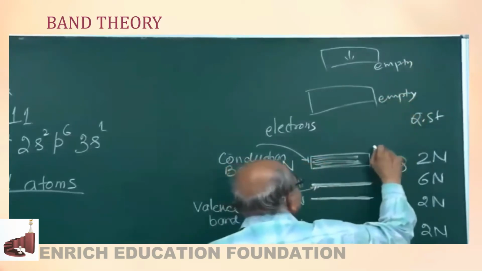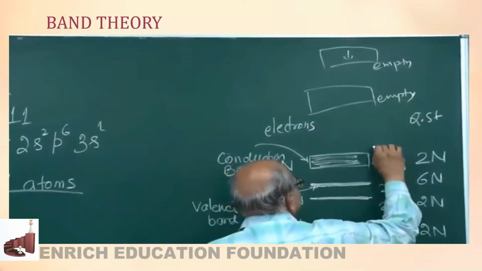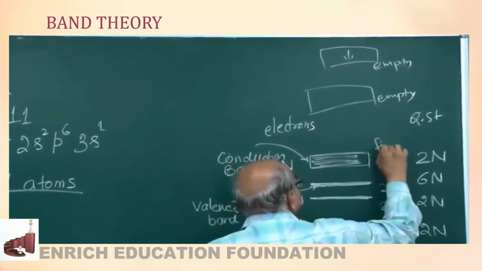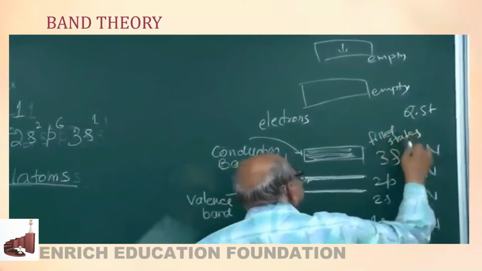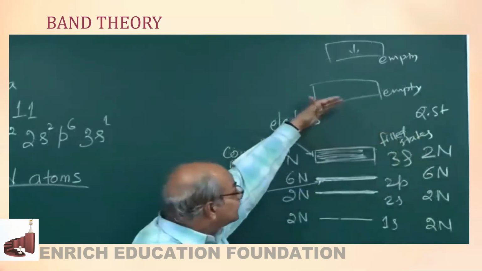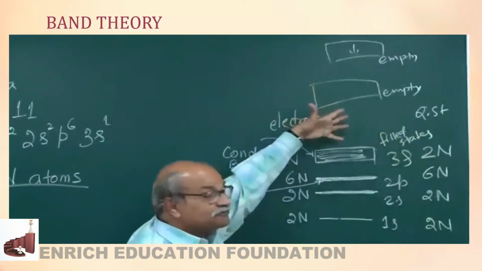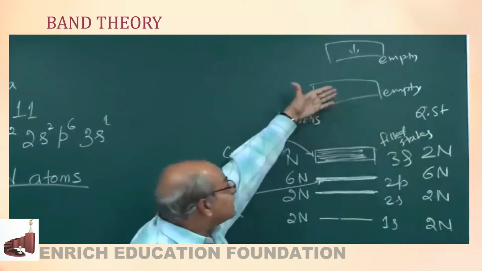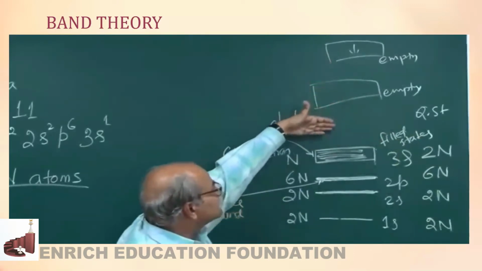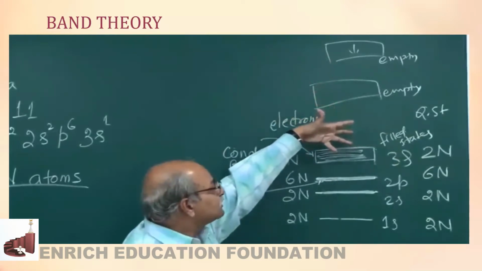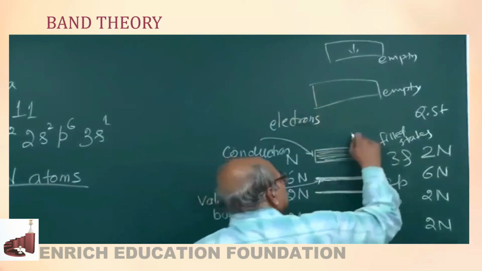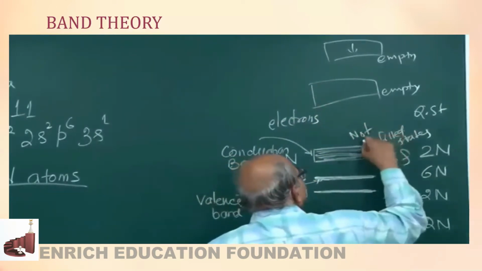And here you have some filled, not completely filled, but some filled states. So coming from top, the last energy band which is not completely filled will be called the conduction band. So this is not completely filled.